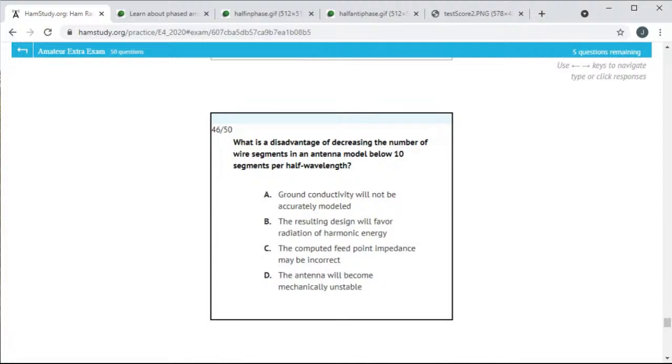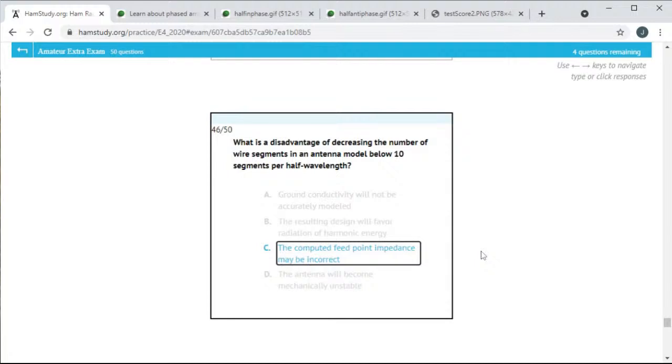I don't really understand this question. I'm just going to go with Gordon. I don't understand it because a dipole in theory is 2 wire segments, 1 in each direction.